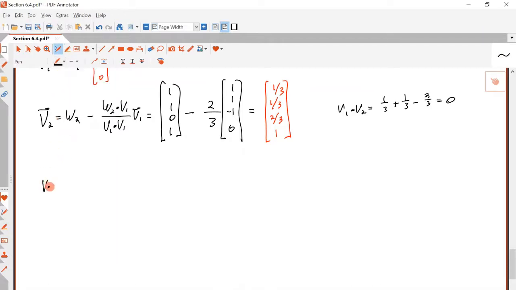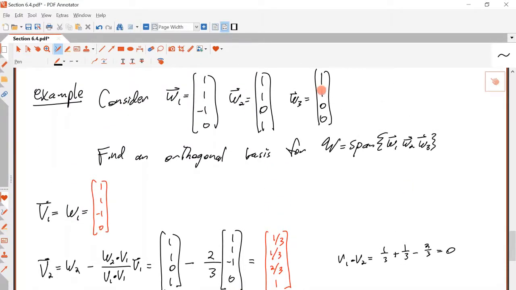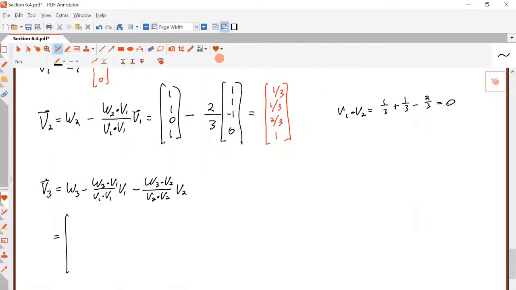V3 is W3 minus W3 dot V1 over V1 dot V1 times V1 minus W3 dot V2 over V2 dot V2 times V2. So W3 is 1, 1, 0, 0.